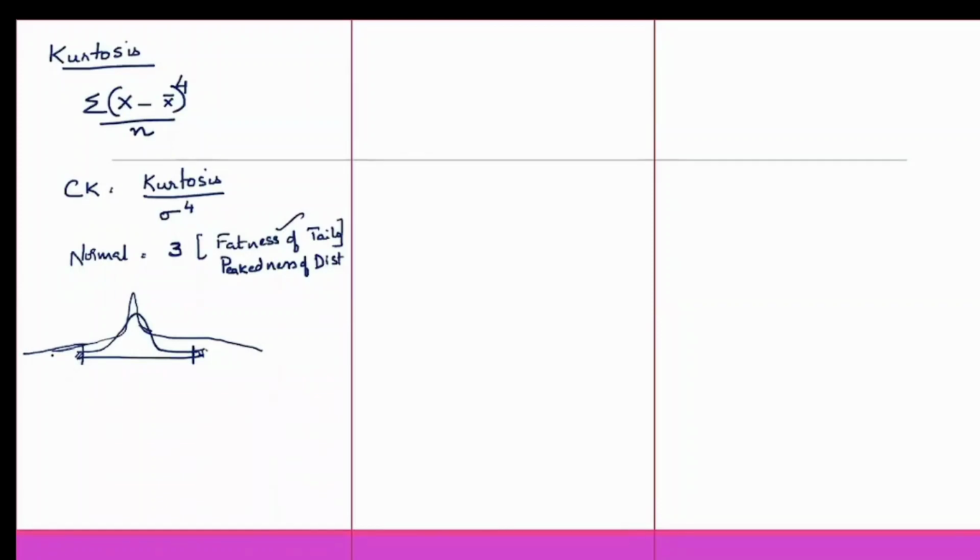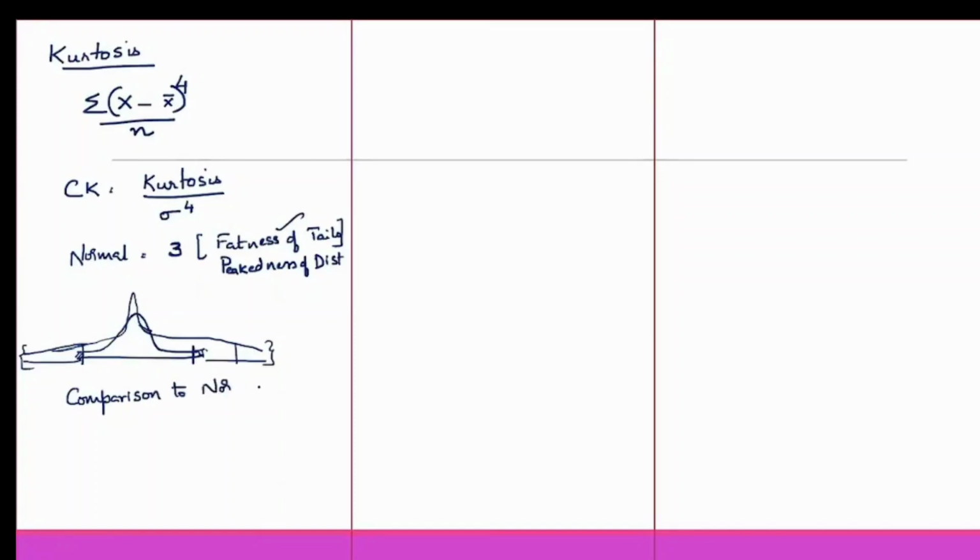So what is it that we are seeing? The tail is appearing much fatter, right? Compared to the normal distribution. Here the comparison is with respect to the normal distribution.